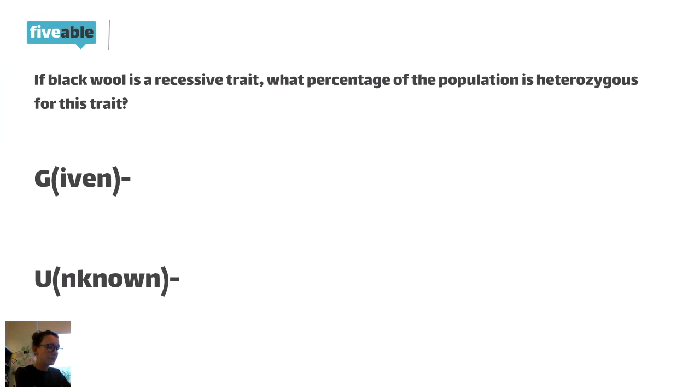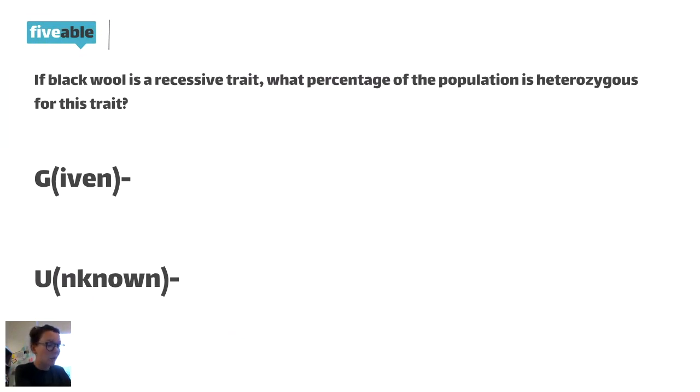Remember that these organisms, homozygous dominant, and these organisms, heterozygous, all just look the same. We don't know what their genes say unless we're going out to all these sheep and drawing their blood, which we are not. So that 96% of sheep that had white wool could be either of these things. It's some sort of combo of homozygous dominant and heterozygous individuals. So we don't know much about them, so we are going to ignore them.